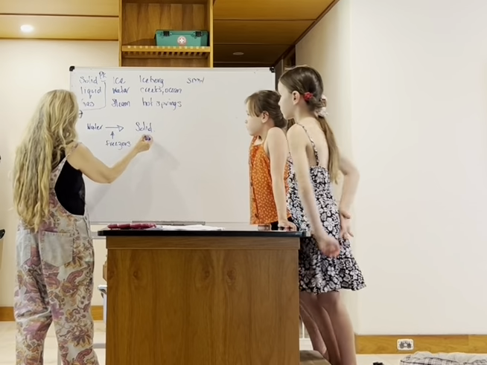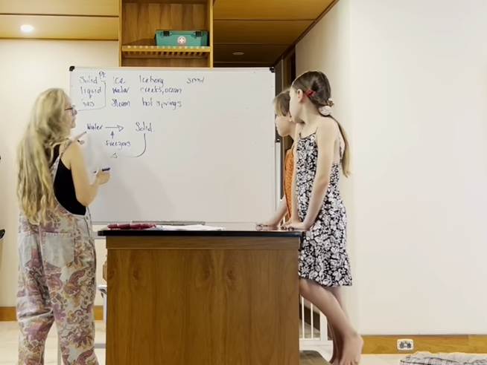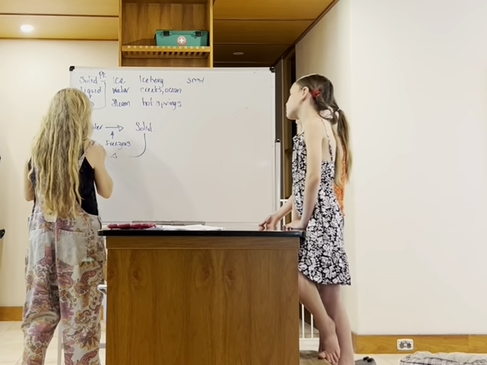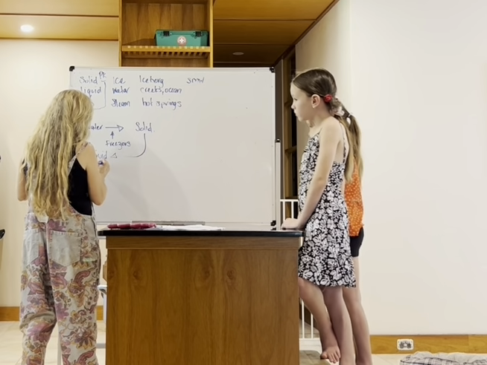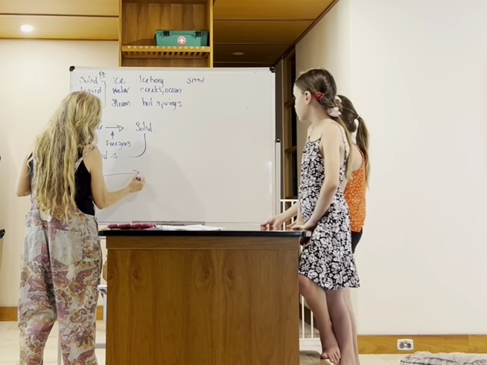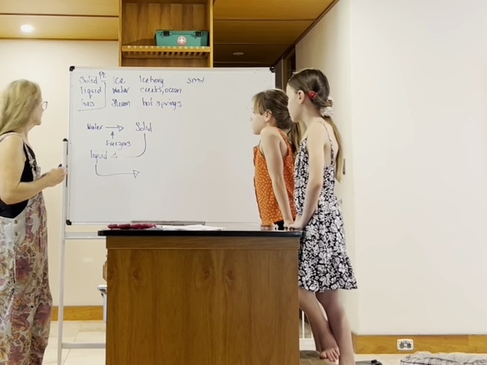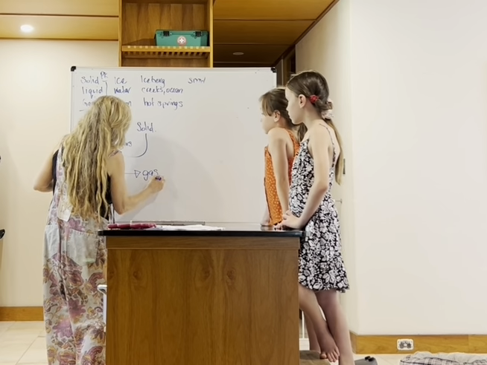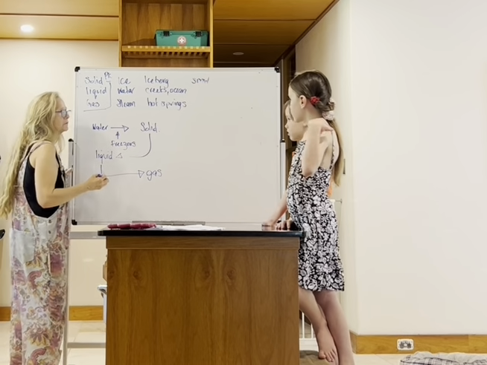So then the solid can change back to water, which is a liquid. So how do we change liquid to something else now? We need to add hotness. What's another word for hotness?